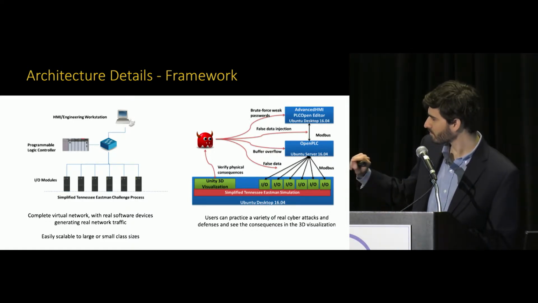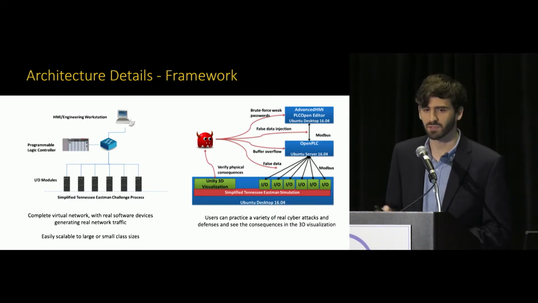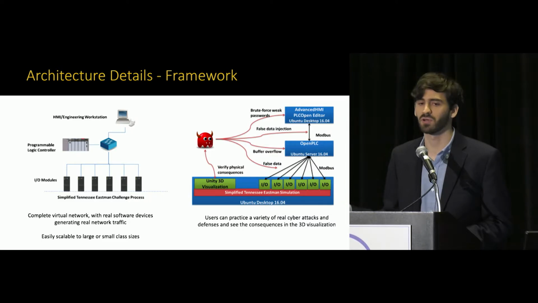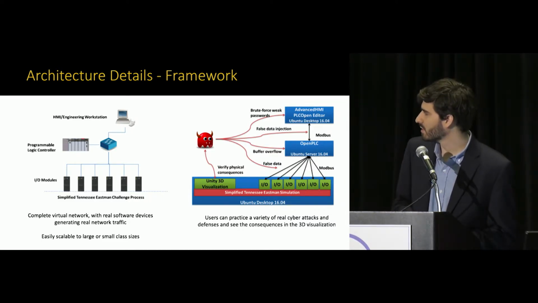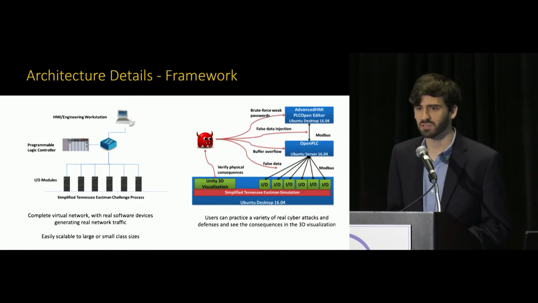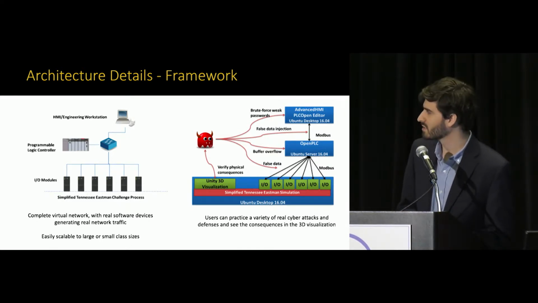At every level of the network, you can practice both normal IT security attacks and also ICS-specific attacks. At the top, we're running an advanced HMI, just a workstation, so you can practice brute forcing weak passwords and some standard IT security attacks.